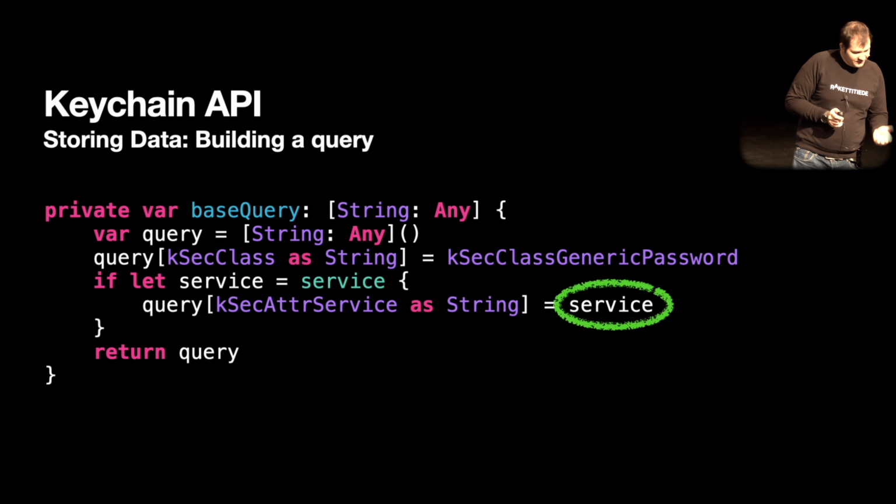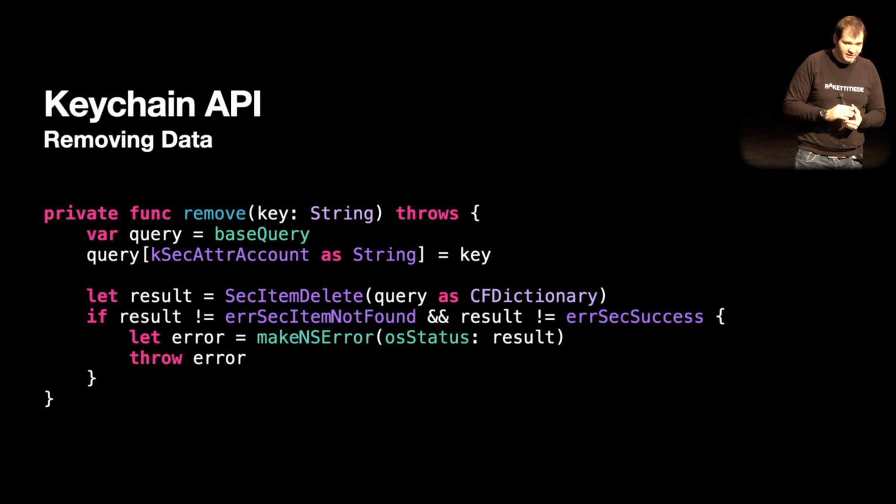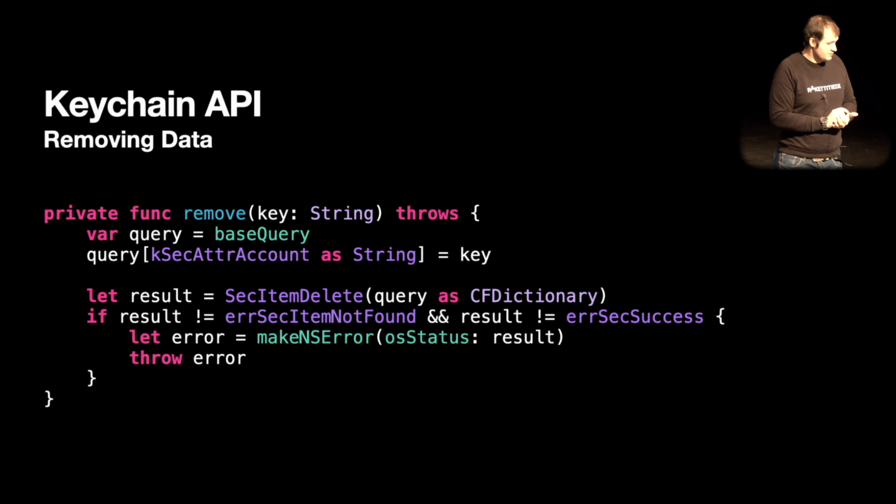We put that service in already. Once we work with this query, we will add something else to the dictionary, and that's how we will configure the query. For example, removing is actually simpler than adding or getting the data, and the removal would be the basic request. Simple as that.